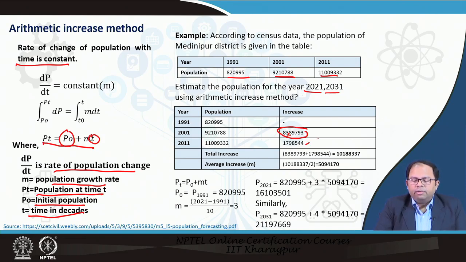And then it again increases further over here, and we can also compute this value. Now that we have got two increases, we take the average of those two increases as shown over here, and this is the average increase per year.